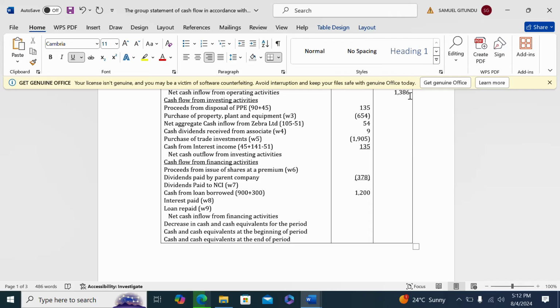So I'm getting a net cash outflow of 2226 million. So from there we go to cash flow from the financing activities, proceeds from the issue of shares at a premium. That one I said we need a working, so we go to our working 6.